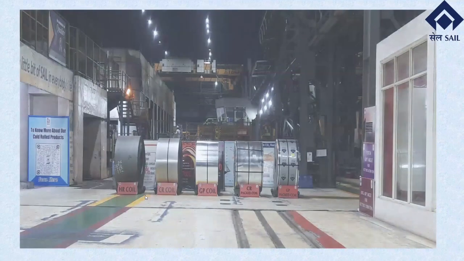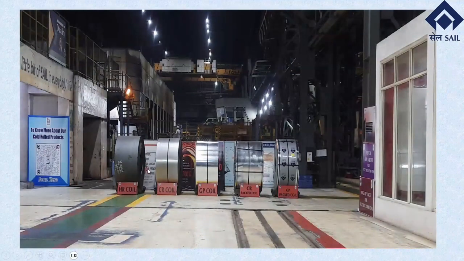Now, these are the coils at different stages. The first is the HR coil, which CRM3 takes as the input. The second photo is of the CR coil, the reduced coil after PLTCM. Then we have the galvanized coil, GP coil. Then we have 2 types of packing.